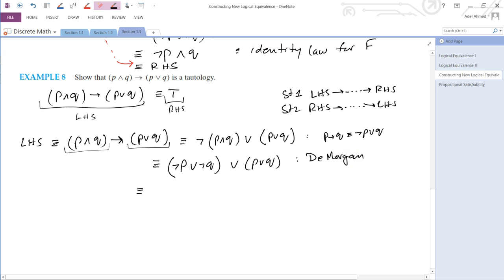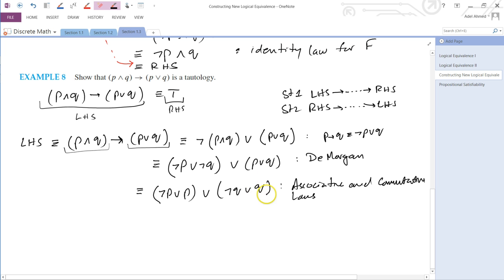So we'll use the associative and commutative laws together, and we can end up with not P or P in one, and then or not Q or Q in the other. So I've used over here the associative and commutative laws for the disjunction, and this is what I used to reach this step.